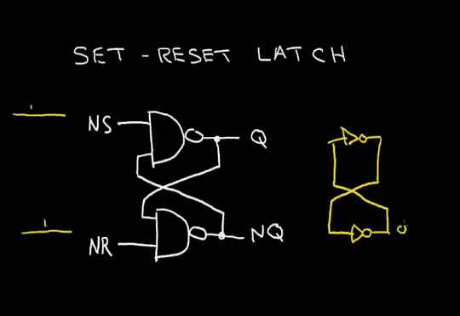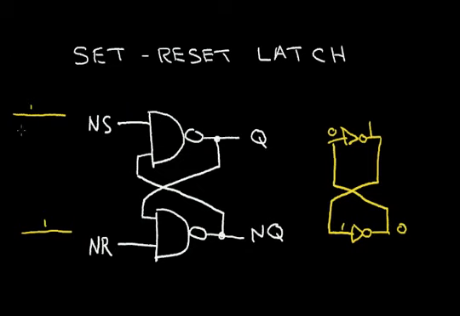If this is a 0, it's a 0 here, we produce a 1, and a 1 feeds back and it locks in the 0 here. So if both not set and not reset are at a logic 1, this behaves as a storage element.